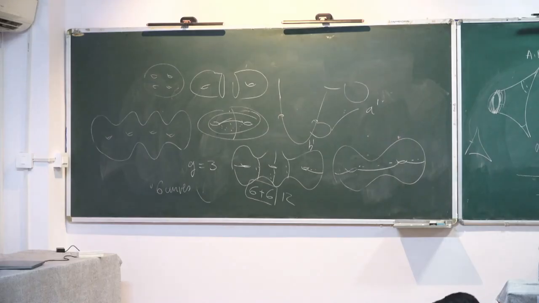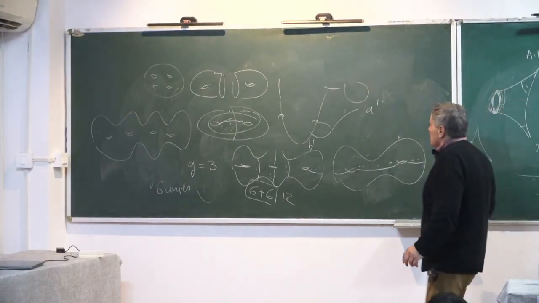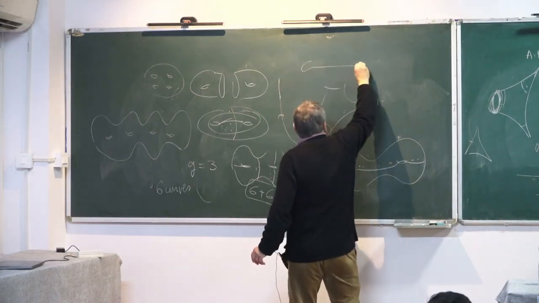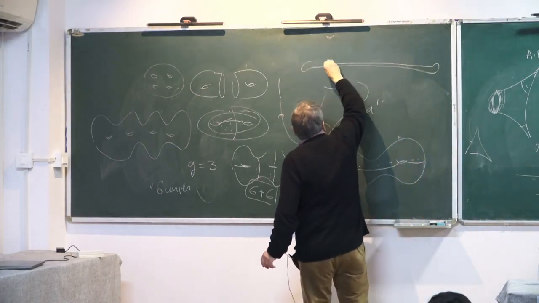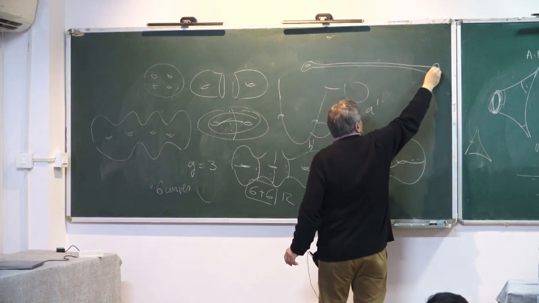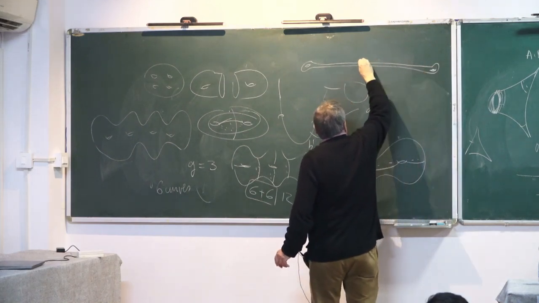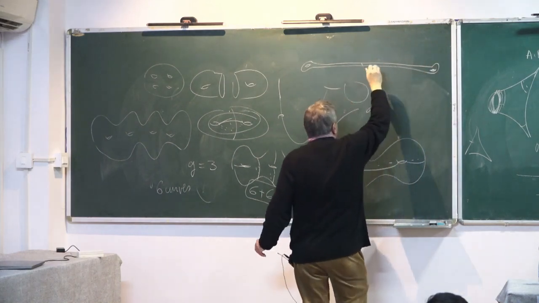These pictures are not realistic at all. This is the point. In fact, in hyperbolic geometry, you can just represent a surface, for instance, like this, just to stress the fact that there is a very, very short geodesic.